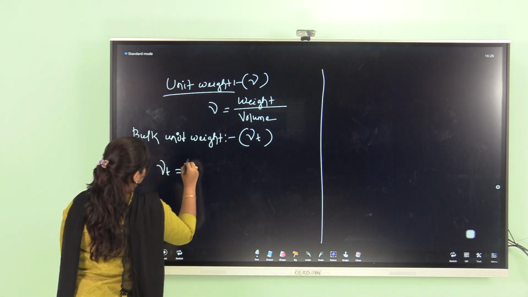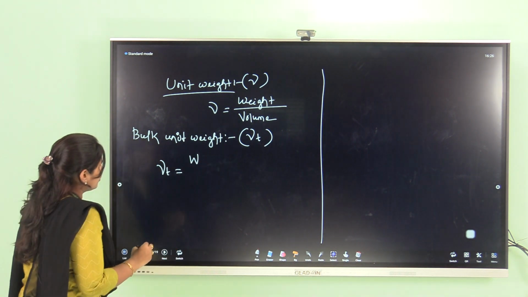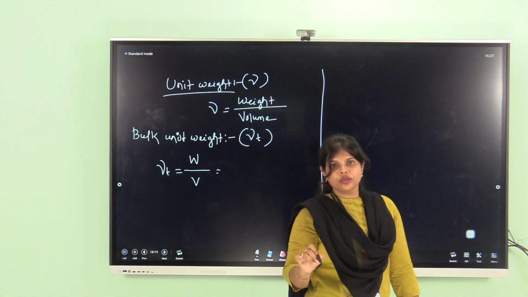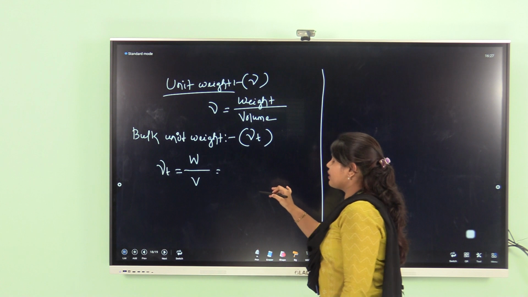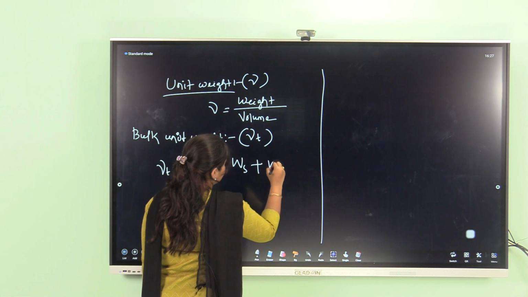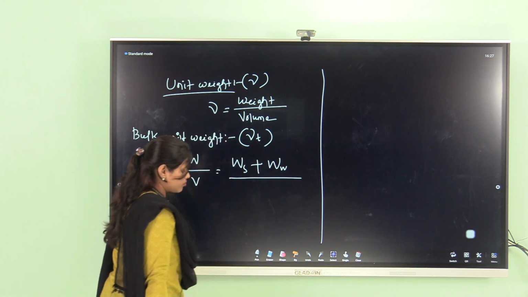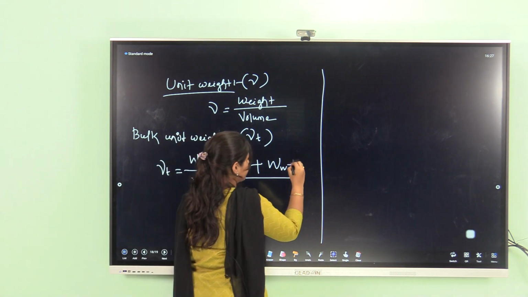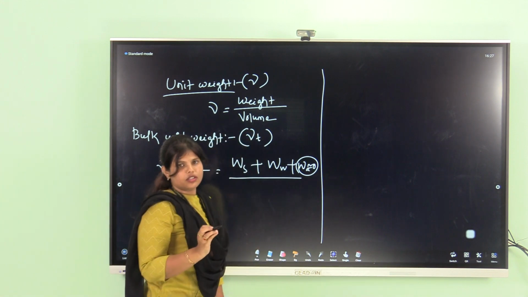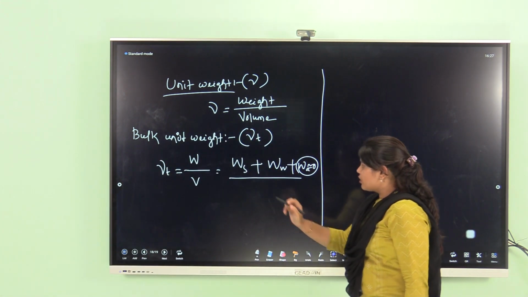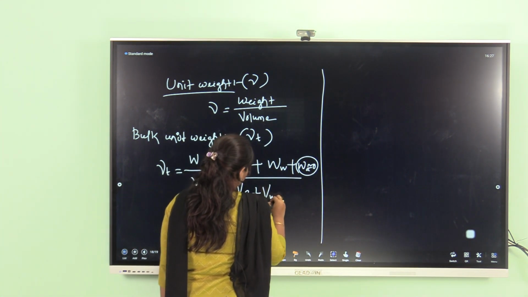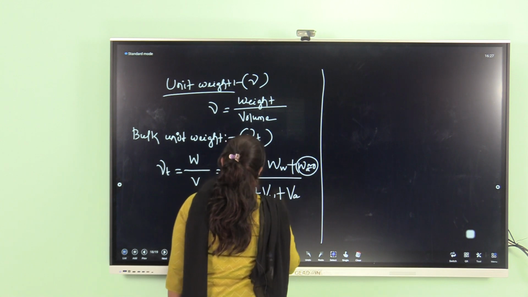Gamma t is your W by V. So, we know that W equals to total weight. In case of total weight, we calculate all those weights like Ws plus Ww. Also plus Wa you can write, but Wa is nearly equal to 0. So, we neglect this term. Okay. And total volume is volume of solid plus volume of water plus volume of air.